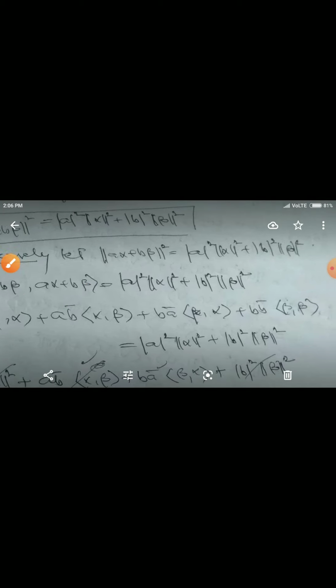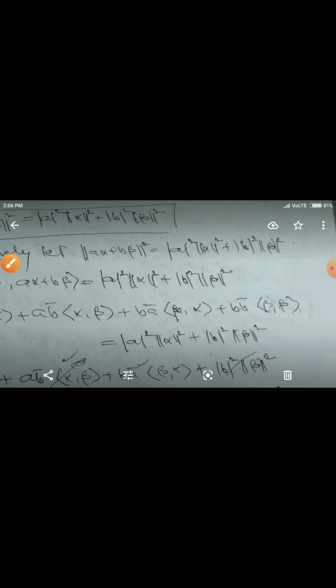So that is equal to modulus of A square into norm alpha square plus mod B square into norm beta square. Now this is nothing but modulus of A whole square into norm alpha square plus A B bar into inner product alpha beta plus B A bar into inner product beta alpha plus mod B square into norm beta square, that is equal to modulus of A square into norm alpha square plus mod B square into norm beta square.